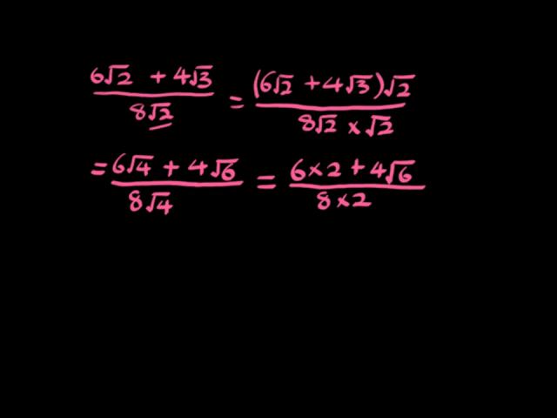So we can cancel out directly from here. 2 into 2, 1. 2 into 6, 3. 4 into 4, 1. 4 into 8, 2. So in the aftermath, we are left with 3 plus root 6.